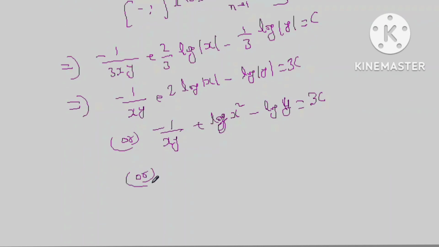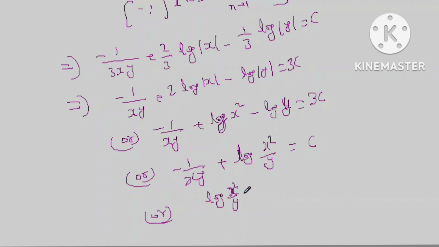Log a minus log b is log a by b. So this is log x square by y is equal to c, or writing the positive term first, log x square by y minus 1 by xy is equal to c is the required solution.